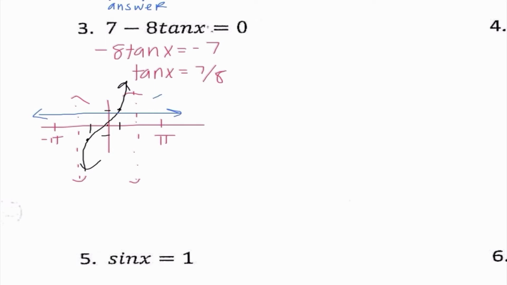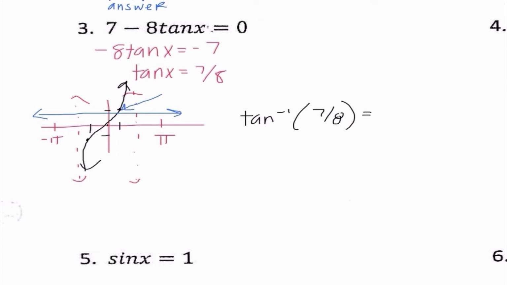And this one looks kind of interesting because it appears as if we only have 1 point of intersection. So what we're seeing is that sine and cosine, for most of our problems, we have 2 points of intersection. For tangent, we only have 1. So in a lot of ways, tangent is the easiest one to deal with.